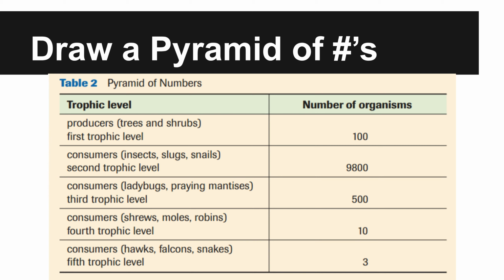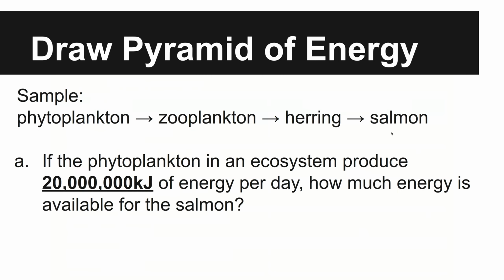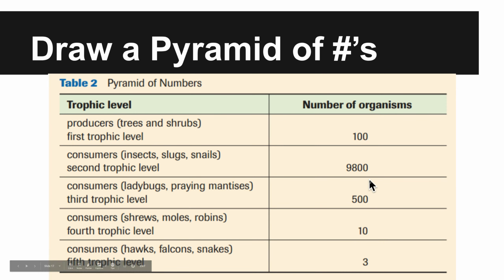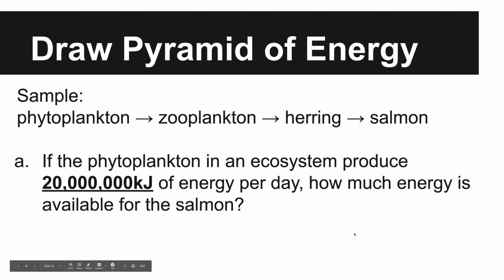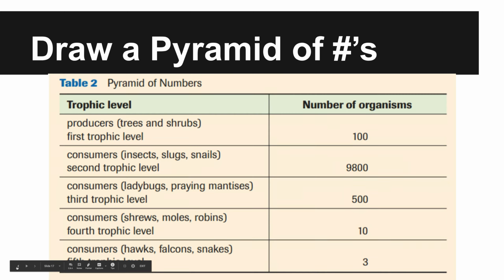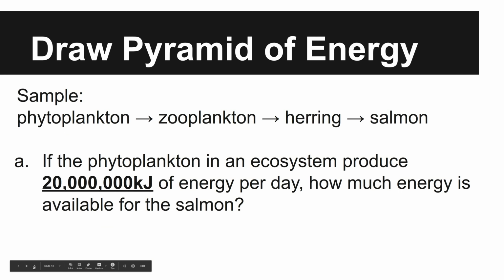I'm not sure if I'm able to draw this, but in this one, it wouldn't be the pyramid shape because our number of producers is a lot less than our number of first level consumers, but then it kind of evens out. All right. With a pyramid of energy, did I miss it? Yeah. Okay. Pyramid of energy.